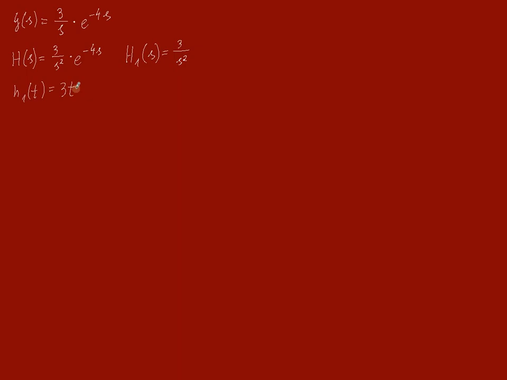We calculated this in the previous task, only with number 2, and we multiply it times the unit step. It is not necessary here, but so as not to forget about it later. And wherever time has appeared, we now need to substitute t minus 4.